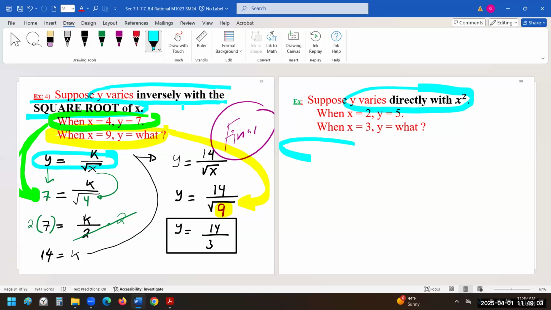So what equation do we get from here? Only x? X squared. Good job. Step one, figure out what two things are changing and how they're changing. So y and x squared are changing, not x. Y and x squared are changing directly, means k times x squared.